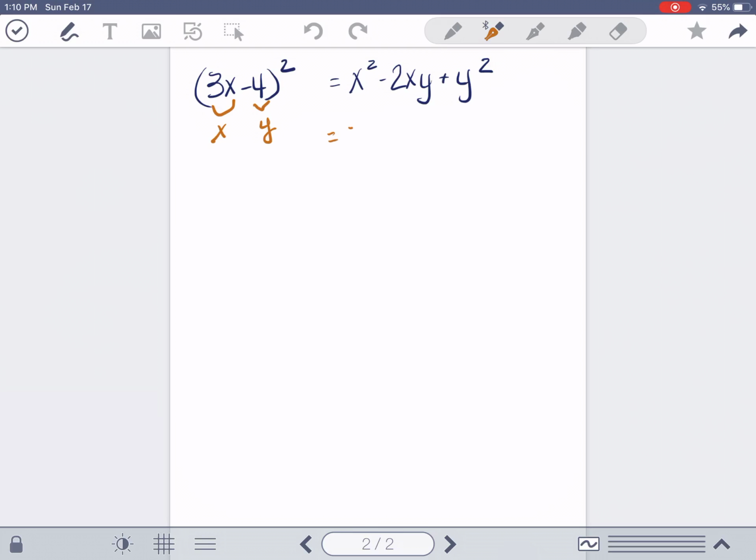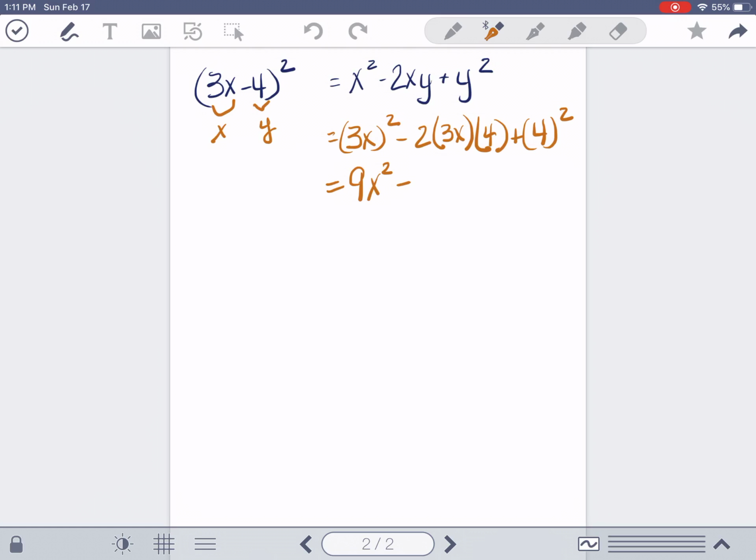So we have 3x squared minus 2 times 3x times the y value, which is 4, plus 4 squared, or the y value squared. Then if we solve this, we're going to have 3 squared is 9x squared minus, you have 2 times 3 times 4.